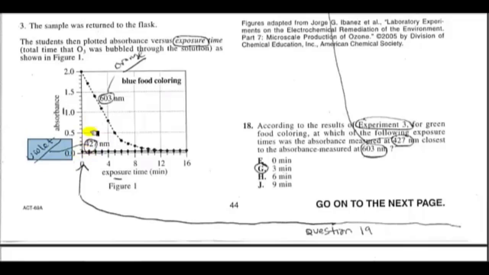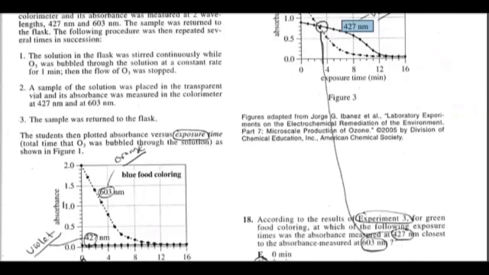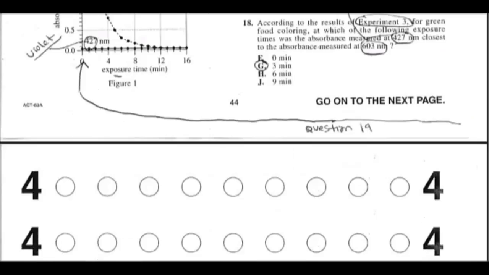The second thing I did is I found 603 nanometers, and I labeled that orange. Then I went to Experiment 2, Figure 3, and I did the same thing. 603 we said was orange, so I labeled it. Then 427, labeled that violet. Came back down, and now this is much easier to work with.